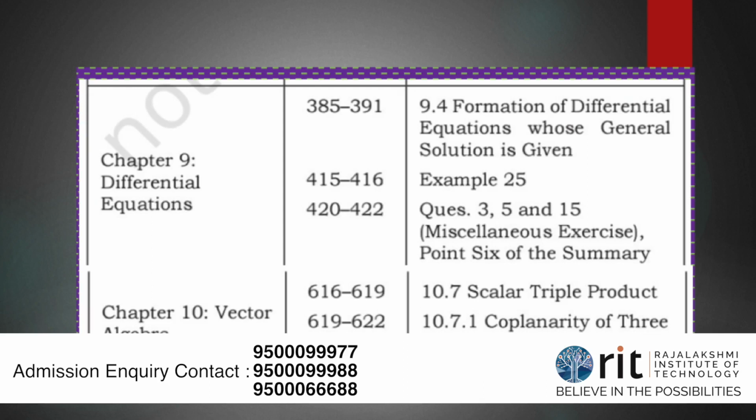Great. Now coming to chapter number 10. Supplementary part at the end of your book, exercise 10.5, is not going to be asked in the CBSE examination. So 10.5 you can leave. Coplanarity of three vectors will not be coming this time.